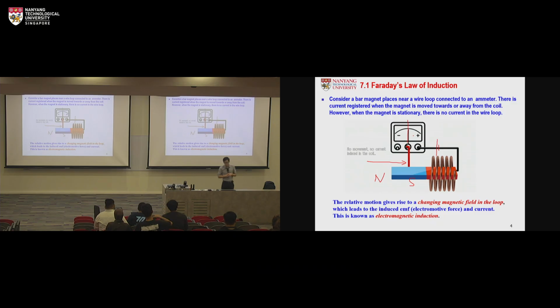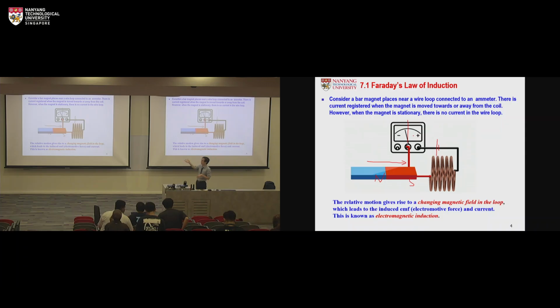Initially you have a magnetic field due to the magnet, and while you are moving the magnet, you get a current flow inside the coil. So you have a conversion from magnetic field to electrical current, from B to I. And this is, again, the so-called electromagnetic induction.